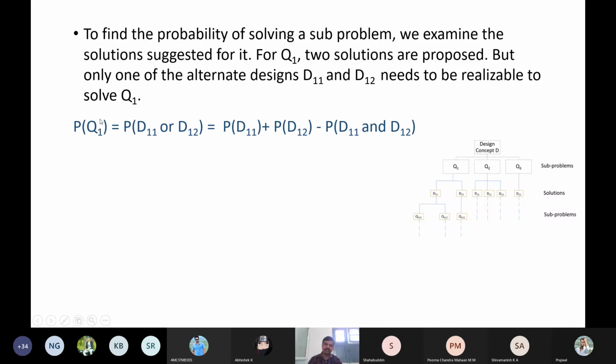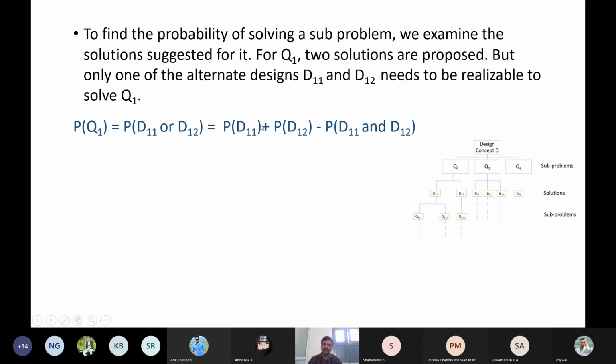If you want to find probability of physically realizing the subproblem Q1, then it depends on these two, D11 or D12, because if you are able to physically realize only one solution among these two, you can physically realize Q1. That's why it is probability of D11 or D12.